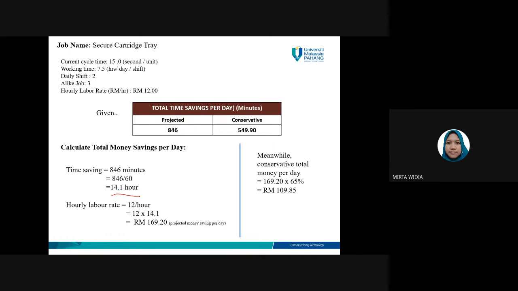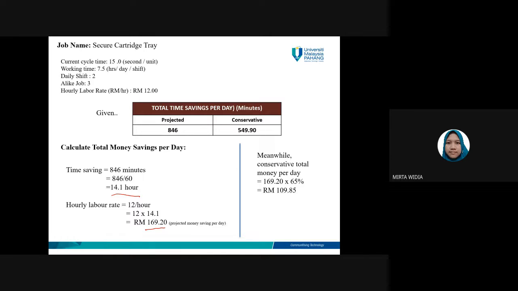Jadi kalau kita jadikan duit, kalau kita bayar orang RM12 per hour, lepas tu kita dah jimat masa sebanyak 14 jam, kita boleh jimat RM169.20 yang boleh kita jimat per day. Patutnya tadinya kita bayar orang sebanyak ni, tapi sebab kita dah buat improvement, kita dah boleh jimat RM169 per hari.